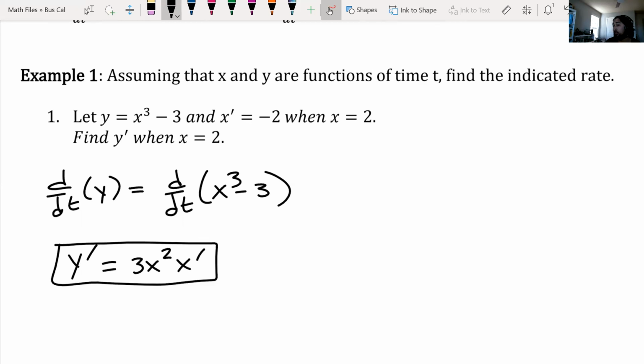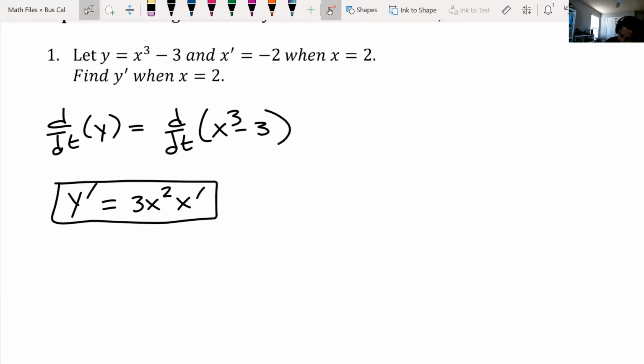The next thing we have to do is evaluate it, given that x prime is -2 and x is 2. So now we're just going to say y prime is equal to 3 times, and then when x is 2, you'll plug in 2 and square it, and then x prime will have -2. I guess I could have written that other notation here.